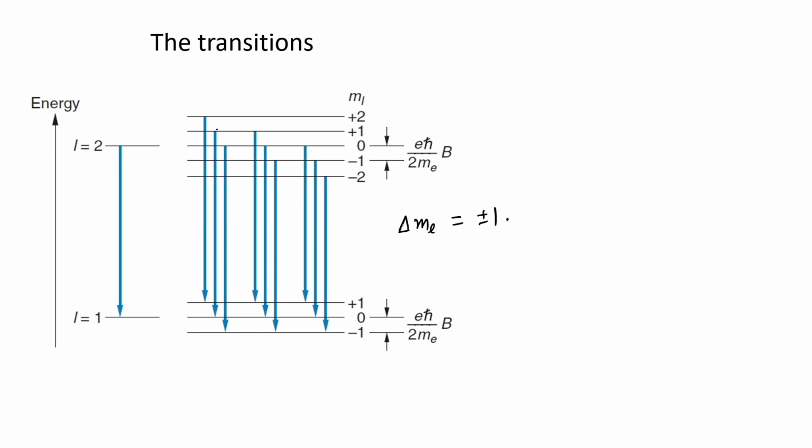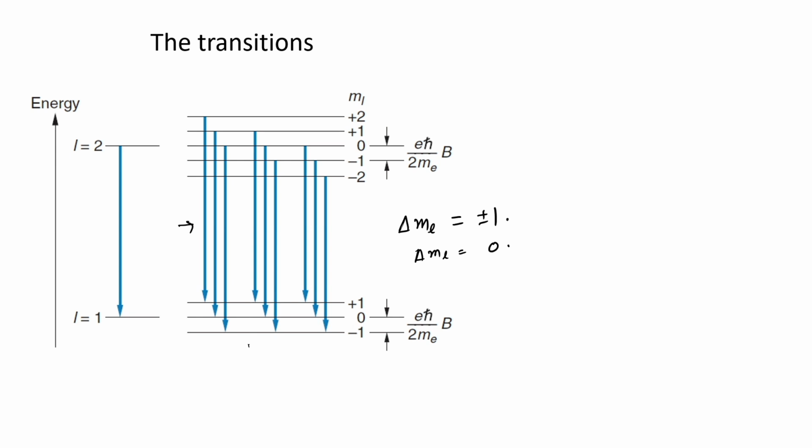So, what is meant is that from ml equal to 2 it goes to ml equal to 1, that is this one, and then from 1 to 0, and then 0 to minus 1, and then there is this one from 1 to 1 here, and these are the ones for which delta ml is equal to 0.